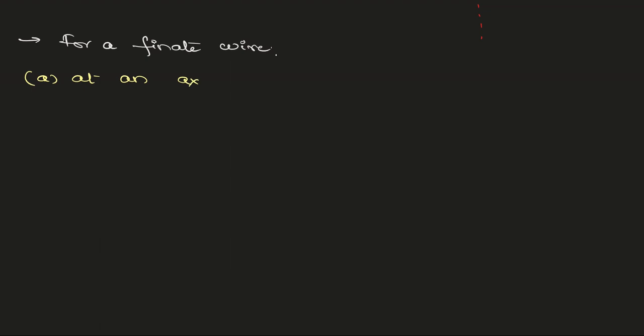At an axial point means suppose you are given a wire of length L and let its charge be Q, so that lambda will be equal to Q by L. Now, from one end of this wire, we are considering a point P, which is at a distance R.